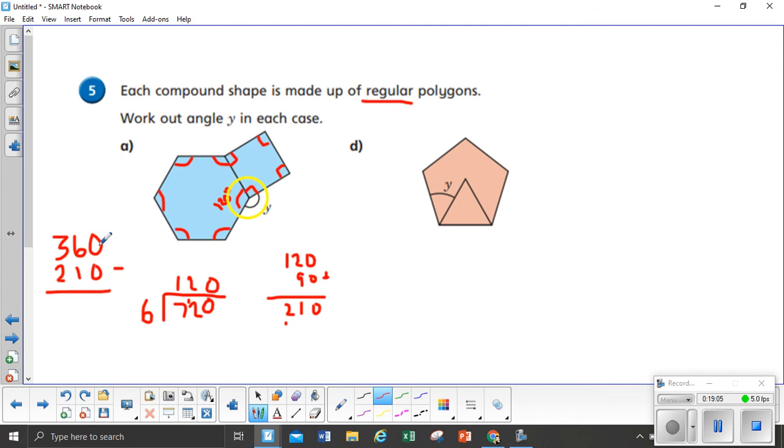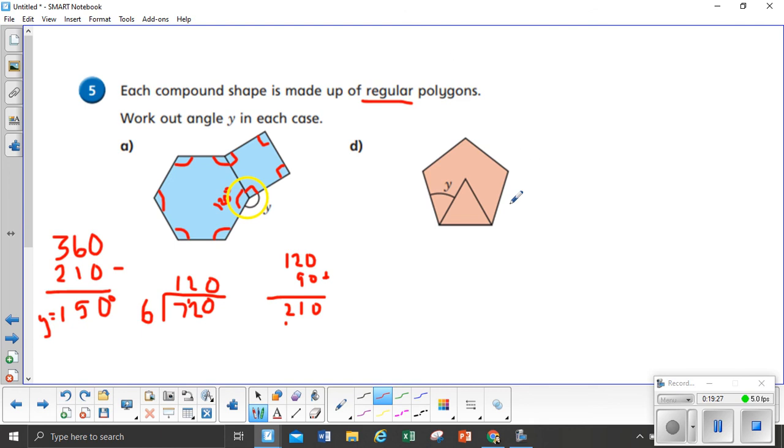So nothing from nothing is still nothing. 1 from 6 is 5. 2 from 3 is 1. So Y equals 150 degrees.